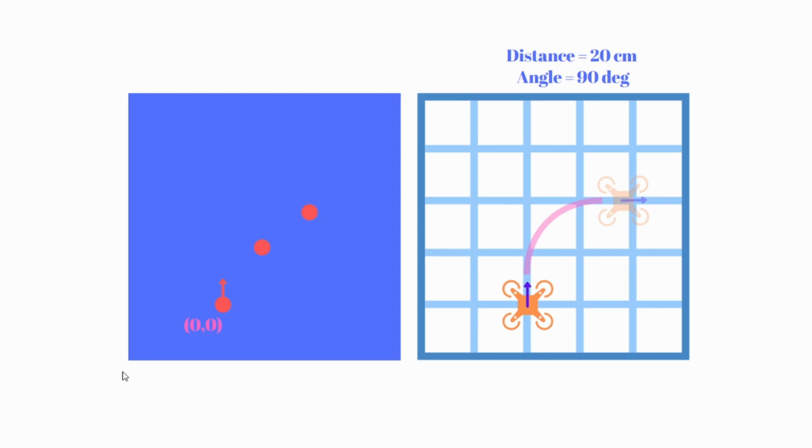What we will do is find the coordinates after every unit of time. Whatever time period we have set, in this case 1 second, after 1 second we will look at what our position is. Let's say it is here.